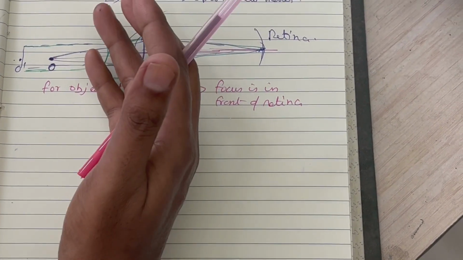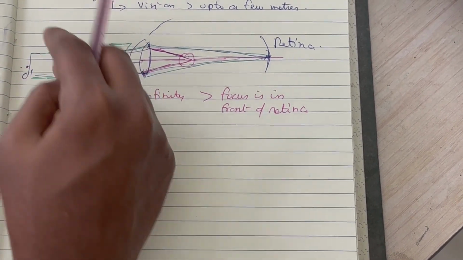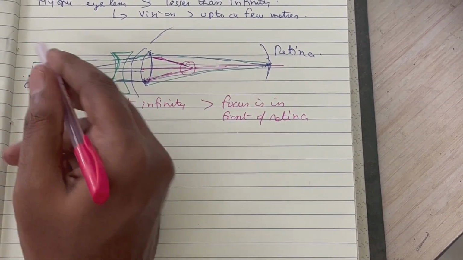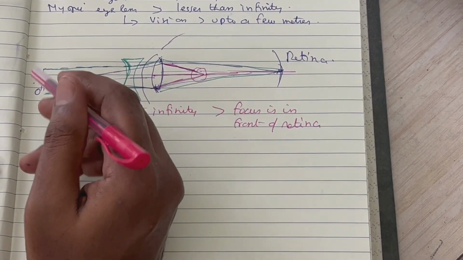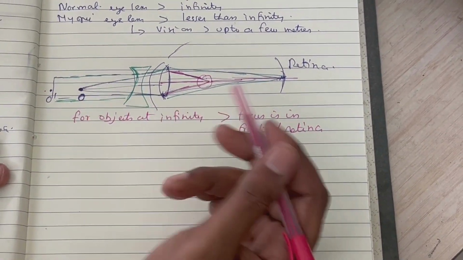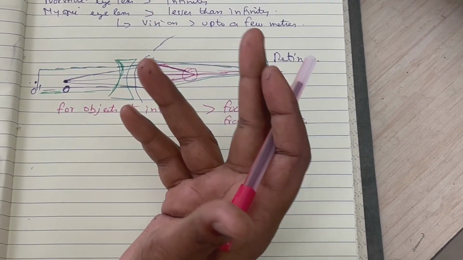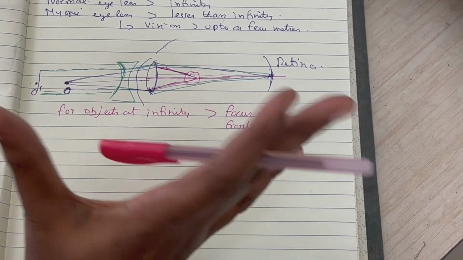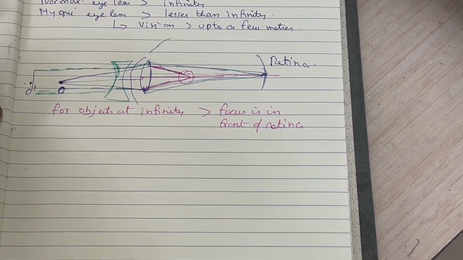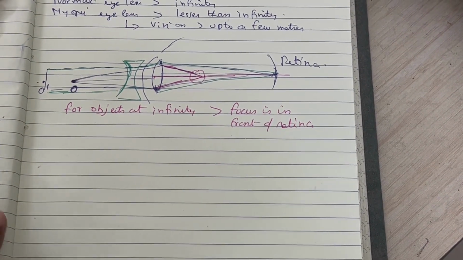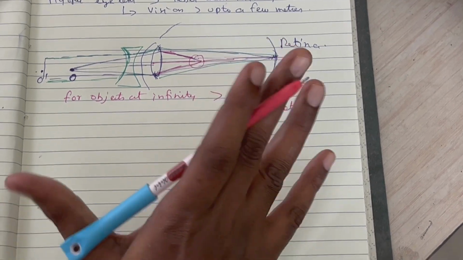Both the objects, that is the object at the new place O and the object at the original infinite point O dash, can be seen if you are using a concave lens of a proper power. That's how you rectify a myopic eye lens. Now one more point before we finish this section. So this is the physics behind a myopic eye lens.